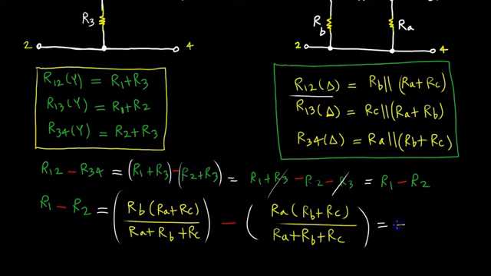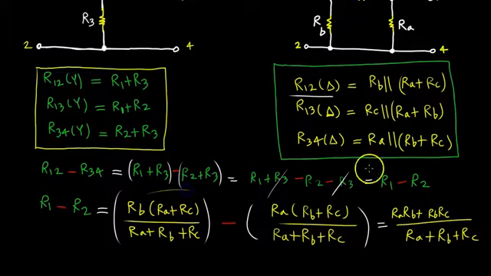Now let's get the common denominator and look at what happens up top. Up top I'm going to have RARB plus RARBRC. That's the first entire term on the left here. That's going to be minus RARB, another minus RARC.